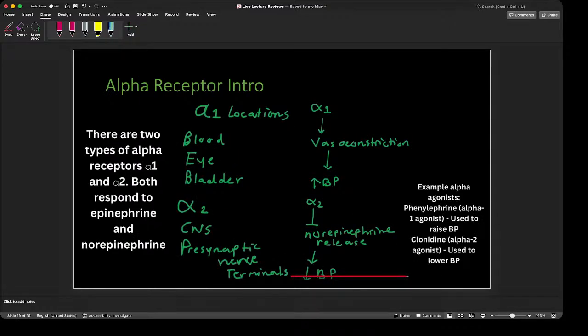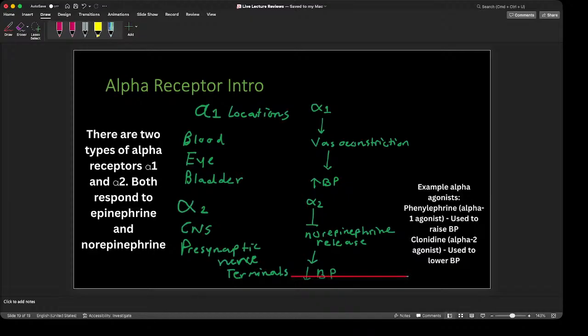And in the alpha receptors, alpha 1, you already know epinephrine is one of those that's an alpha 1 agonist, and it's going to vasoconstrict. So you're going to see a lot of that in the blood, eye, bladder parts. And the alpha 2 is typically something like the CNS, the presynaptic nerve terminals. So clonidine, for example, is an alpha 2 agonist.